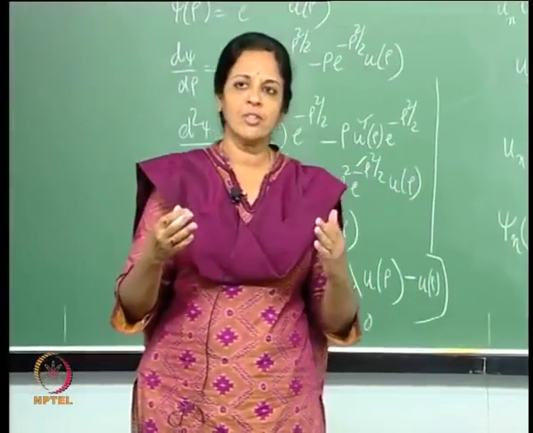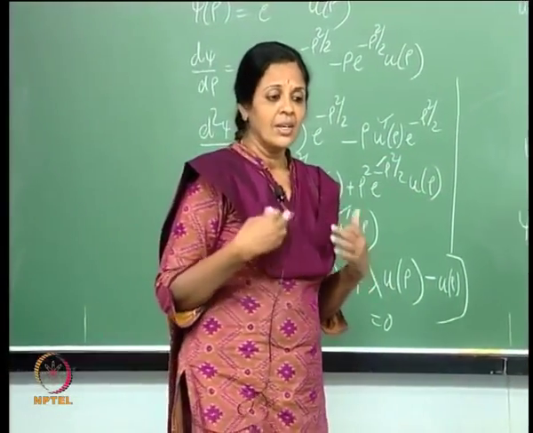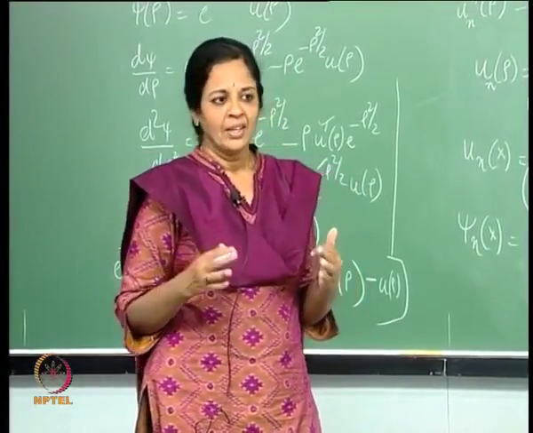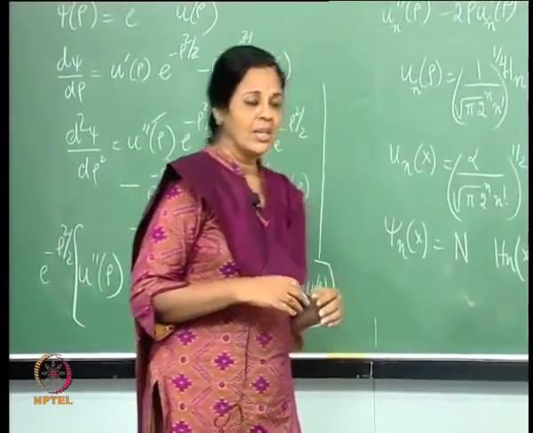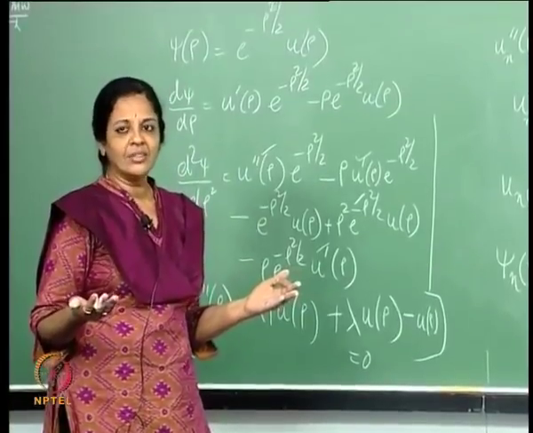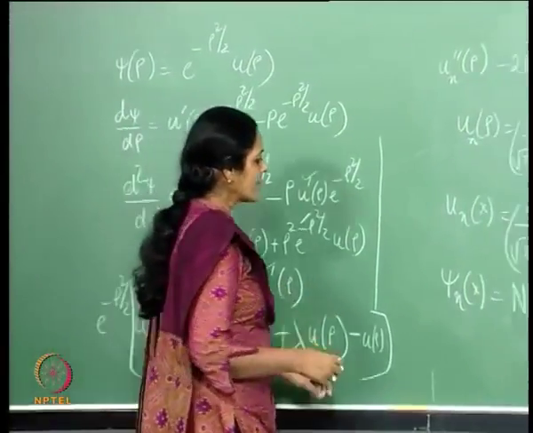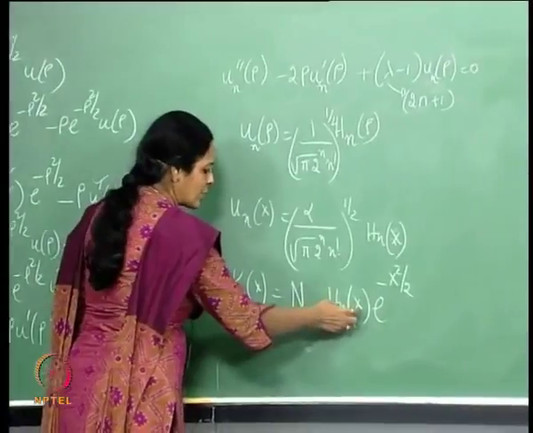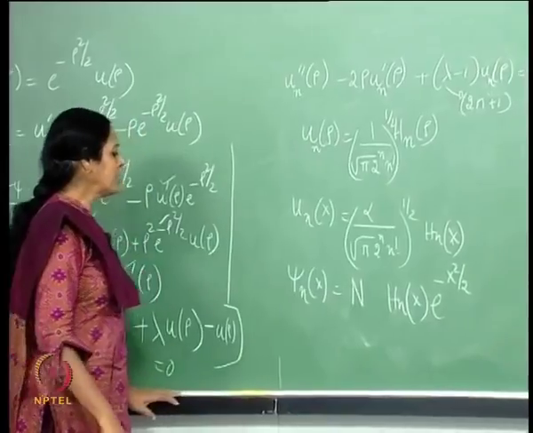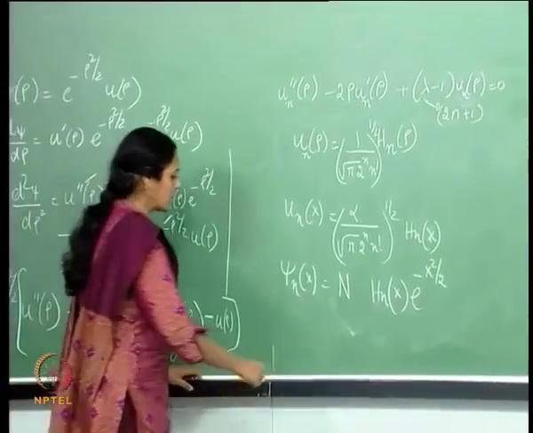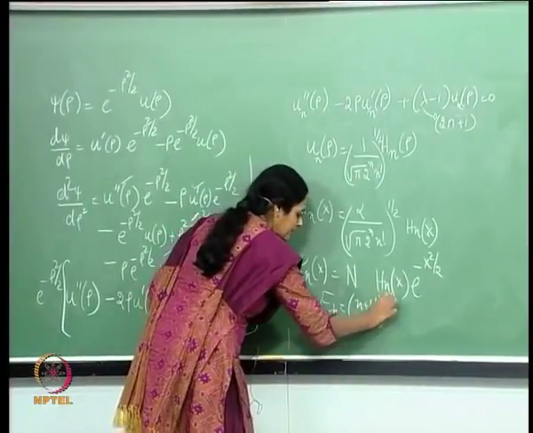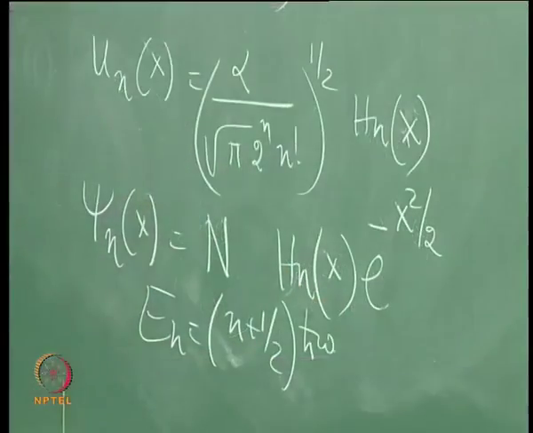It is only those wave functions which satisfy the boundary conditions imposed by the physical requirement of the probabilistic interpretation, that wave functions must be normalized to 1, and therefore the probability of seeing the system in the given region of space is 1. That is going to bring out an Hn of x here, and therefore I have eigenfunctions of the oscillator given by psi n of x with the energy eigenvalues given by n plus half h cross omega.